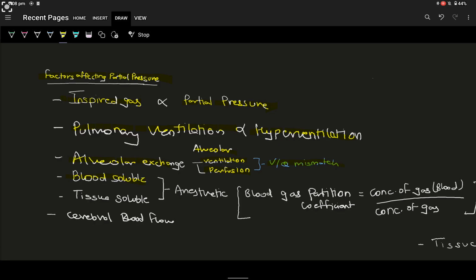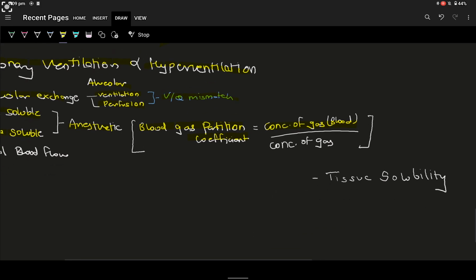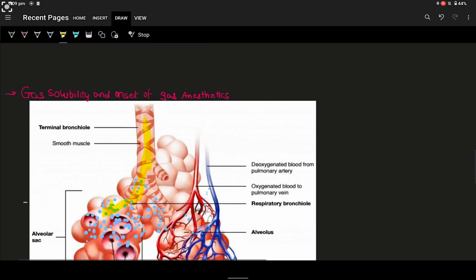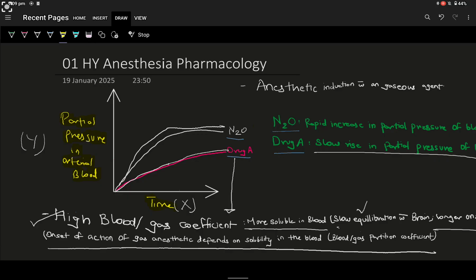Blood solubility and tissue solubility are also two factors which have an effect on the partial pressure of anesthetic. The blood gas partition coefficient, as we discussed earlier, is the concentration of gas in blood upon concentration of gas in alveoli, and later on the cerebral blood flow, that is how quickly or how slowly the brain is getting saturated.